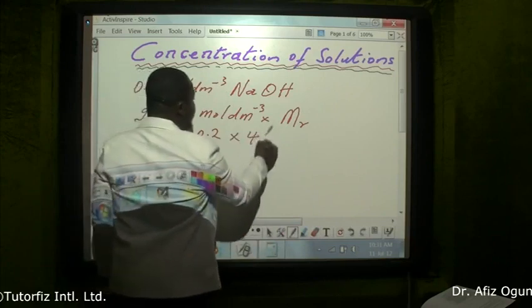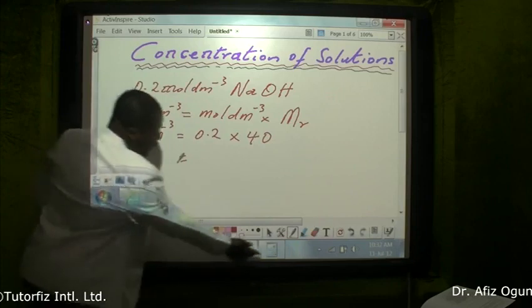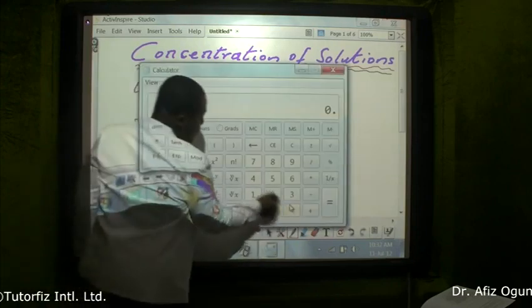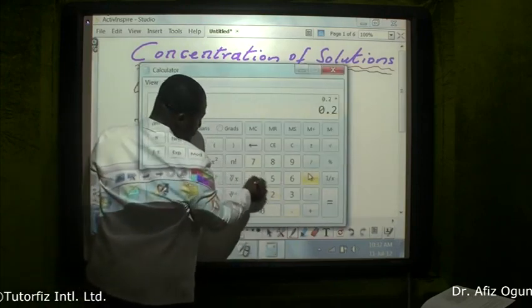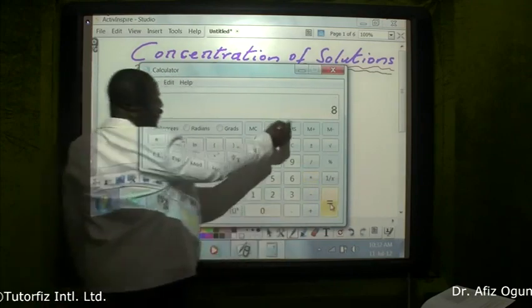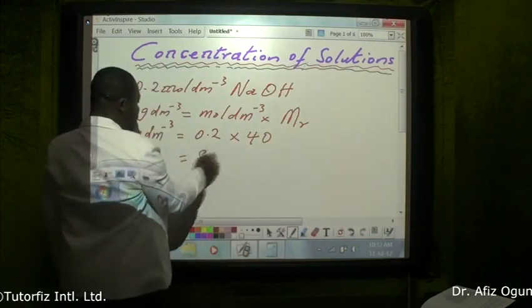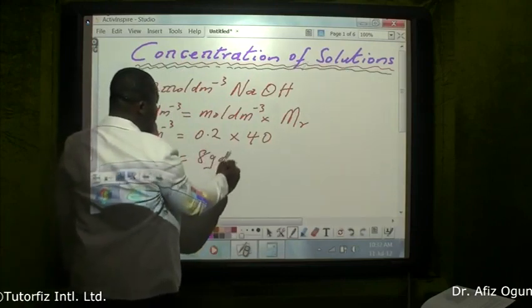Multiply by 40. So 0.2 multiplied by 40, I have 8 grams per dm cube. My answer is 8 grams per dm cube.